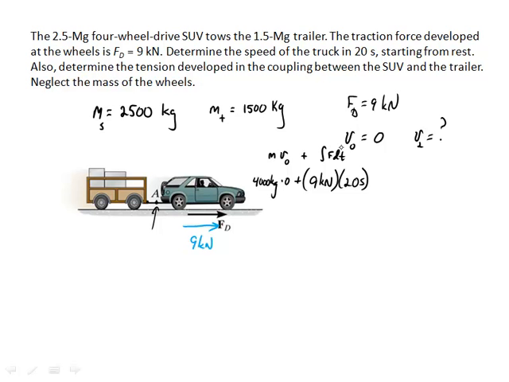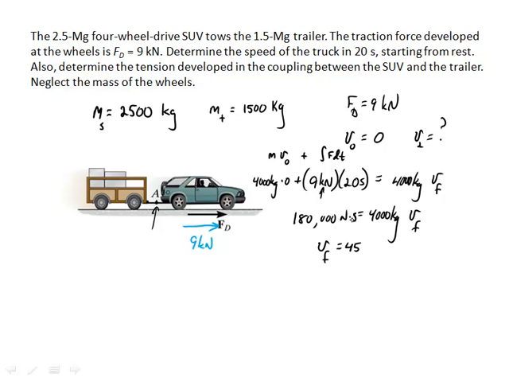Of course, f is constant. And that will equal 4,000 kilograms times v final. So I end up with 180,000 newton seconds, that's a kilonewton, 1,000 newtons, equals 4,000 kilograms times V final. And so V final equals 45.